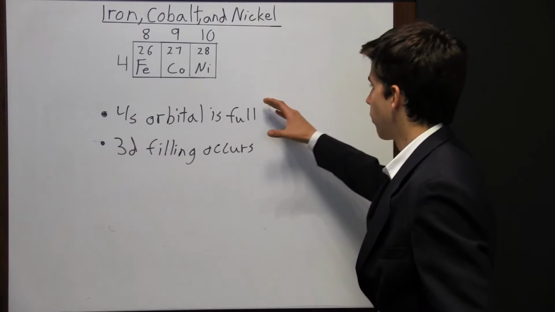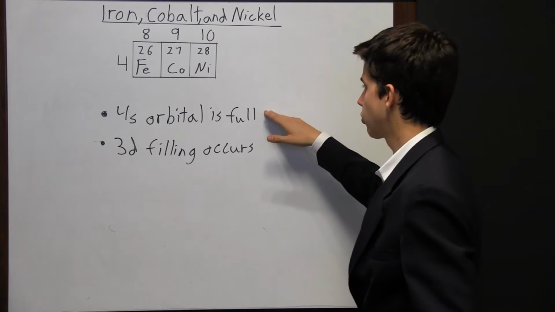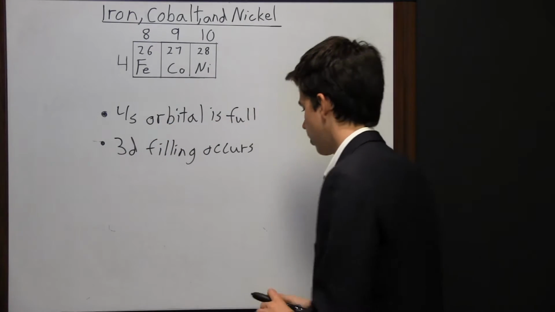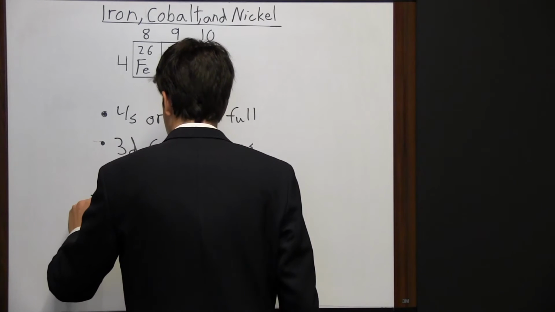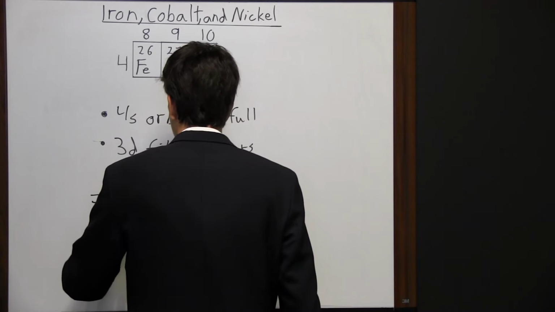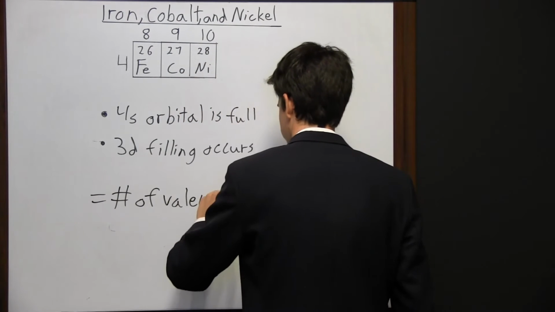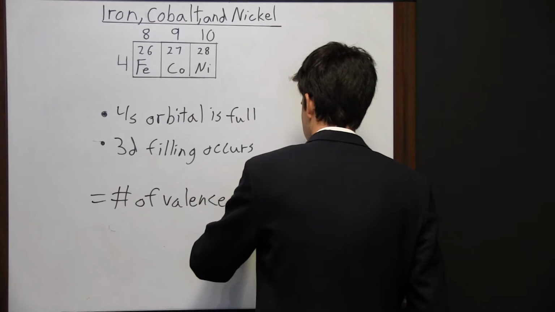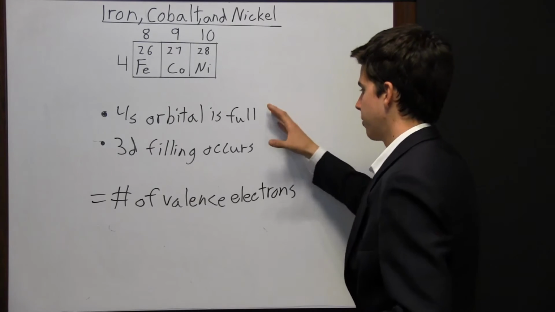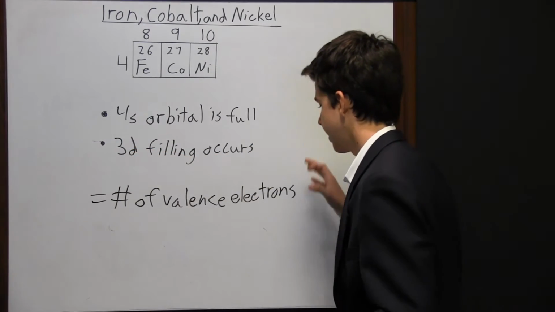And so the way this process works, the 3d won't start filling until the 4s orbital is full. So what that means is there's going to be an equal number of valence electrons. And that makes sense because the 4s orbital is always going to be filled up, so there's always going to be an equal number there. But the difference is how much the 3d is filled.